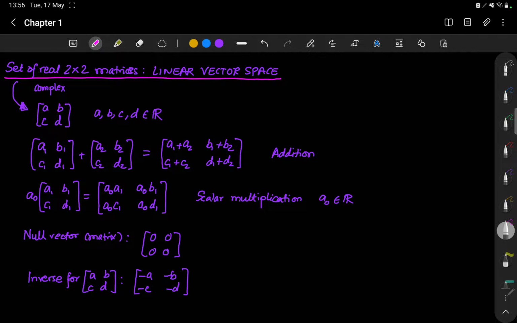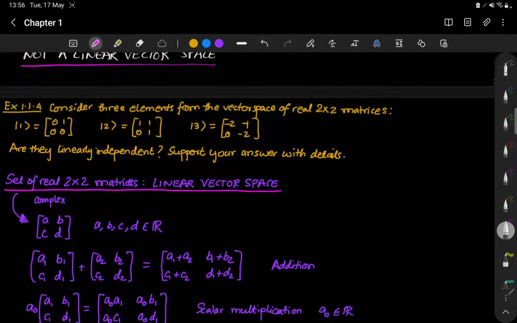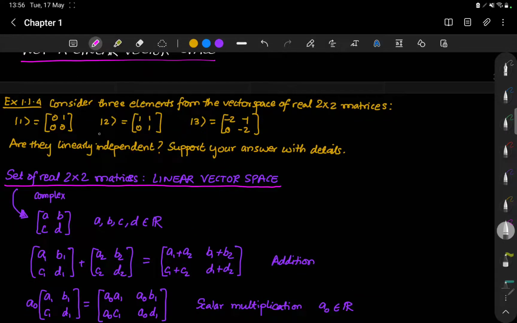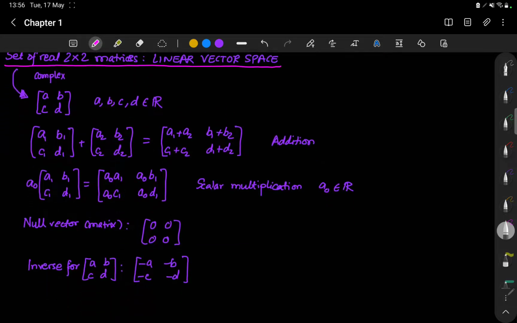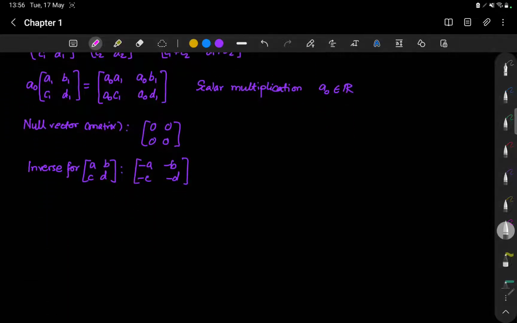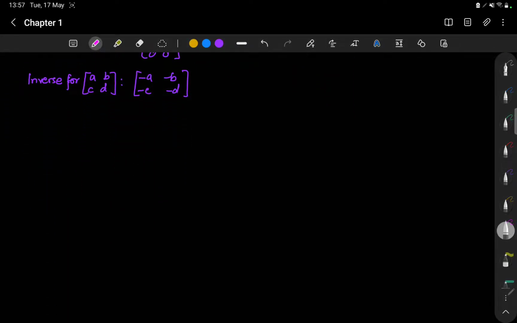Then before proceeding, we want to understand what linear dependence or linear independence means. Since the question asks whether these vectors are linearly independent or not, we need to be aware of the definition of linear independence before we can proceed. So let us define linear independence.